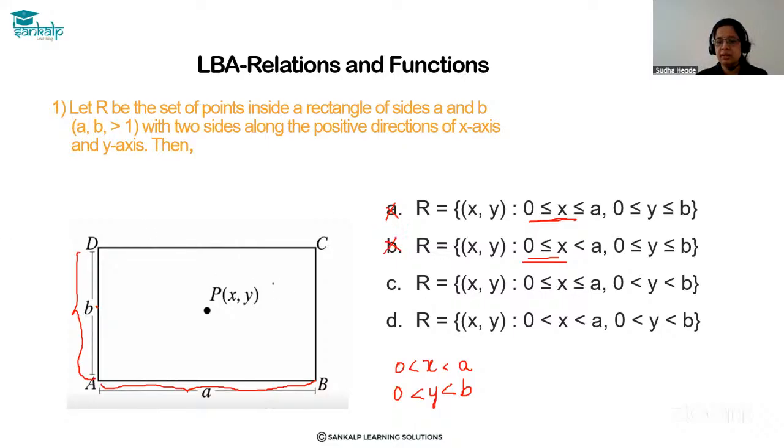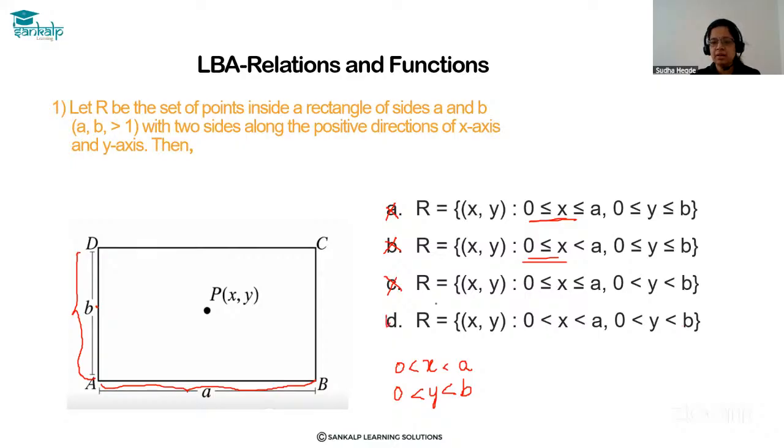Same way the next one also. Here also it is 0 less than or equal to x, so you can discard this. See the last one. R is equal to (x, y) such that 0 less than x less than a, 0 less than y less than b.